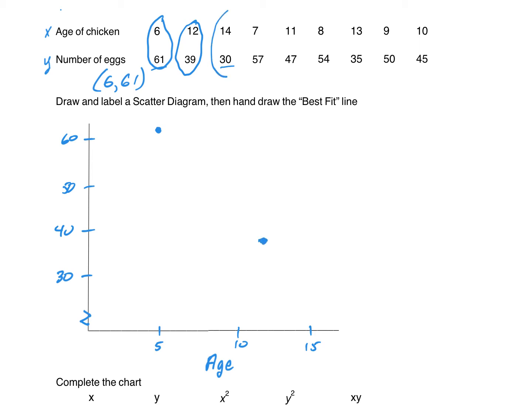Over 14, up 30. Over 7, up 57. Over 11, up 47. 8 and 54.